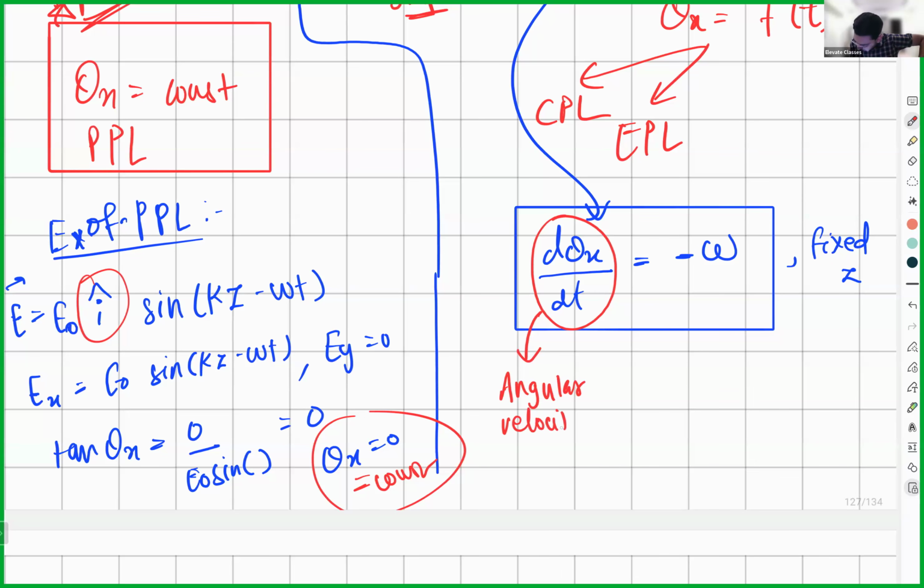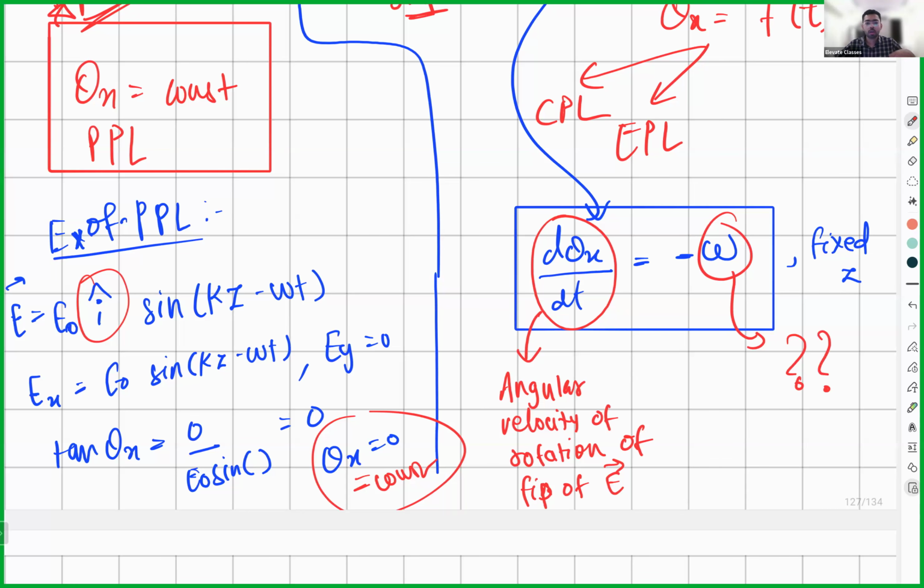So this is nothing but the angular velocity of rotation of the tip of the electric field, which is equal to what? The magnitude is equal to omega. What is omega? Omega is the angular frequency of light, the angular frequency of the electromagnetic wave. And you see this angular frequency of the wave is very high. It is in the range of 10 to the power 12, isn't it?